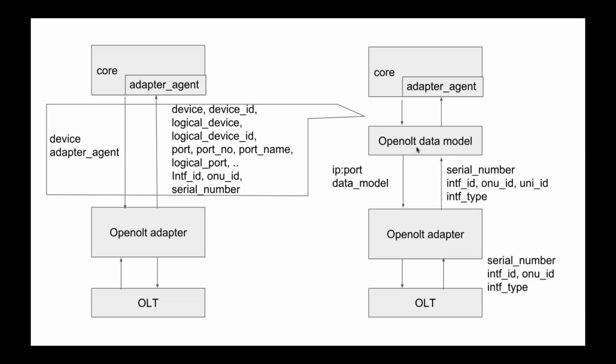So it's not a data model for multiple OLTs, but a data model for a single OLT. If you wanted to have a data model for multiple instances of OLTs, then you would have a referencing mechanism where you say a serial number. But there are constructs for the OLT as well, which are encapsulated here. So the device information, the IP address, the device serial number, and everything is stored over here.